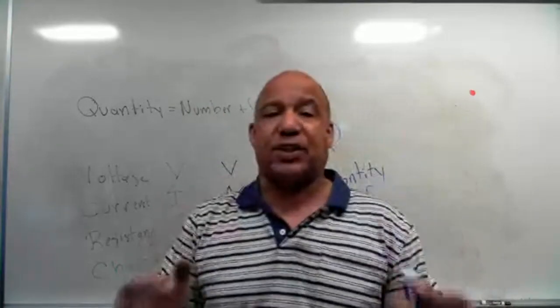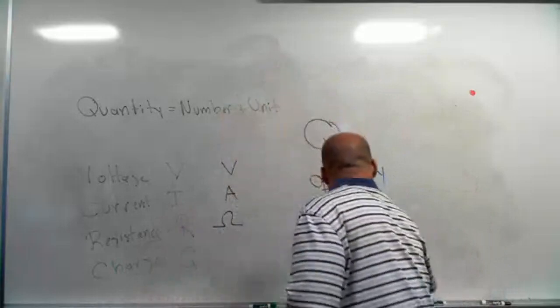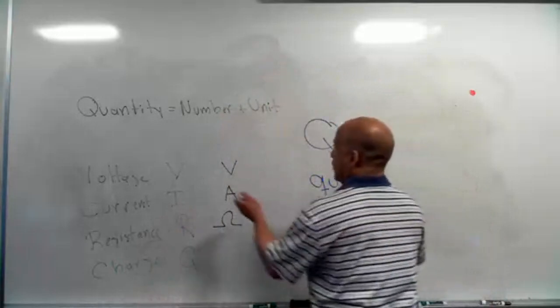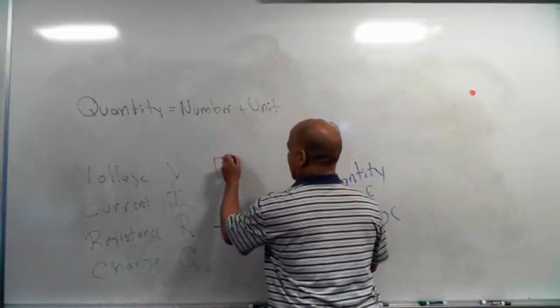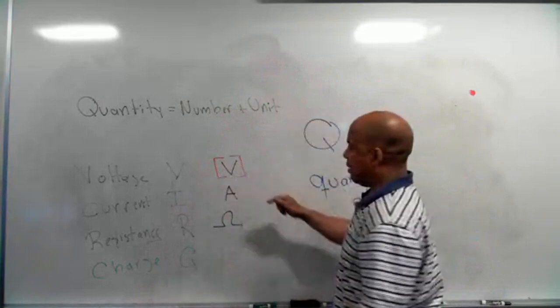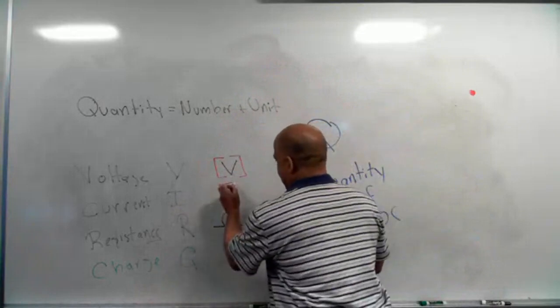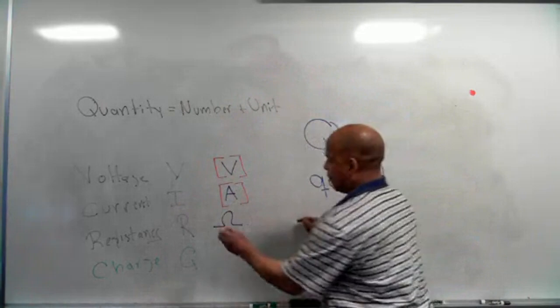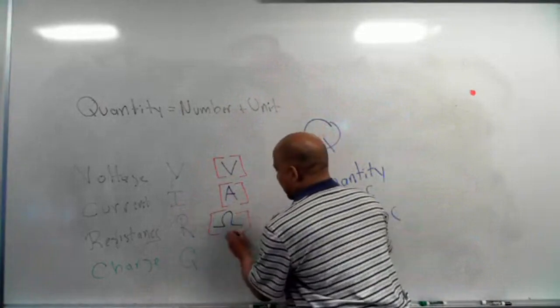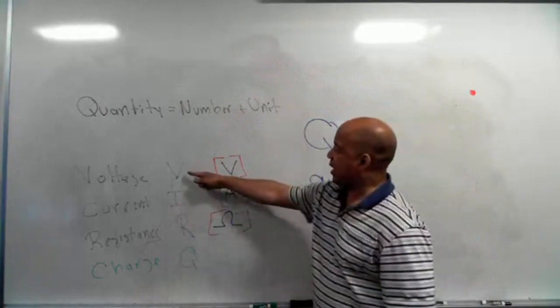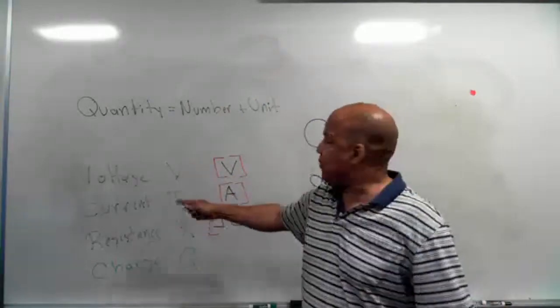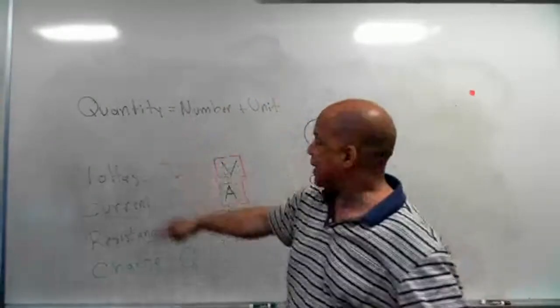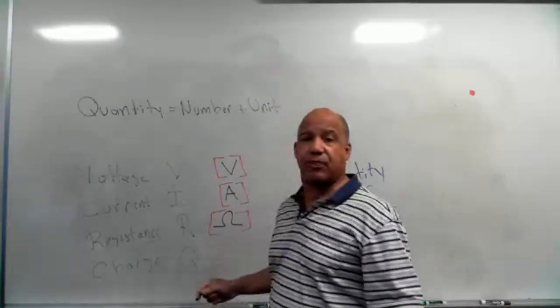So if I want to show something as a unit, I'll put brackets around it like this. So you know that's a unit. If you just see the letter without the bracket, that just means it represents some physical quantity like voltage or current or resistance.